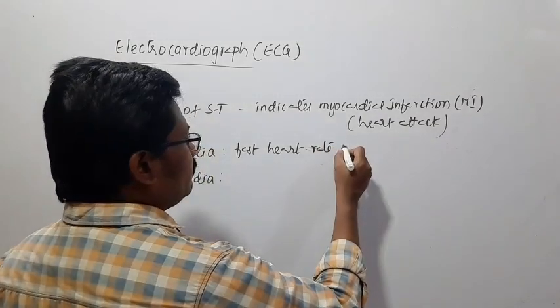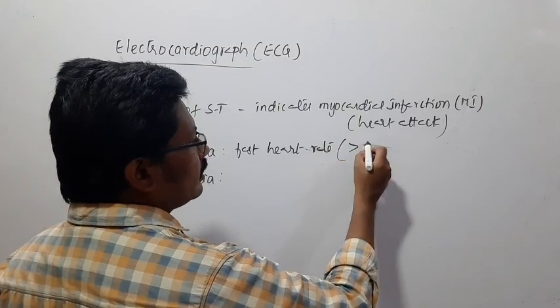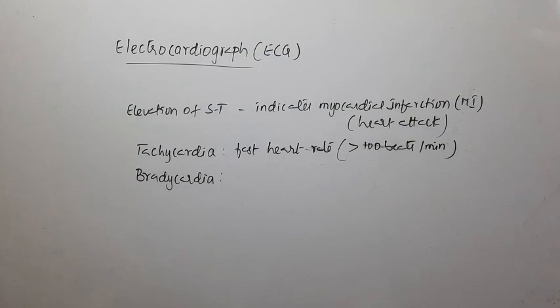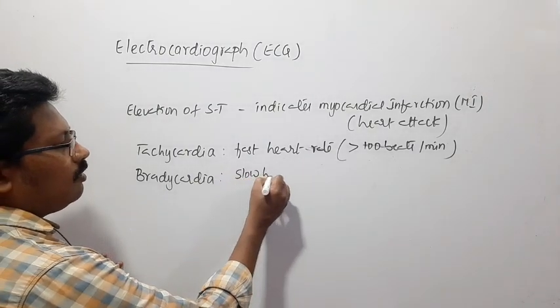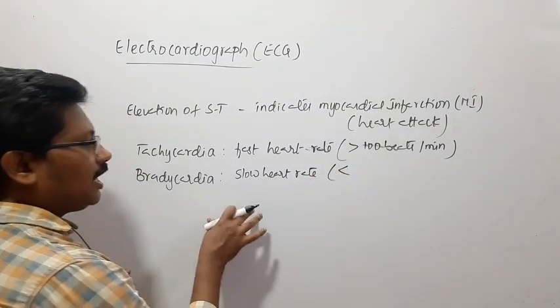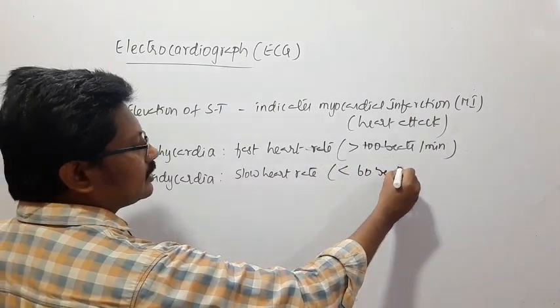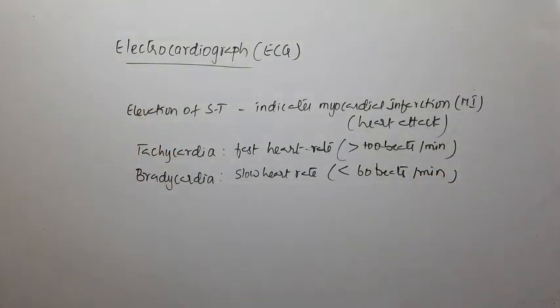So when we consider greater than 100 beats per minute, the condition is called tachycardia. And bradycardia means slow heart rate. In this case, if the heartbeat is fewer than 60 beats per minute, then the condition is called bradycardia.